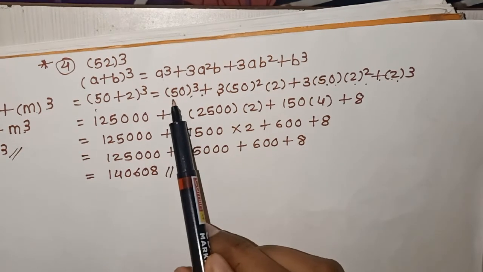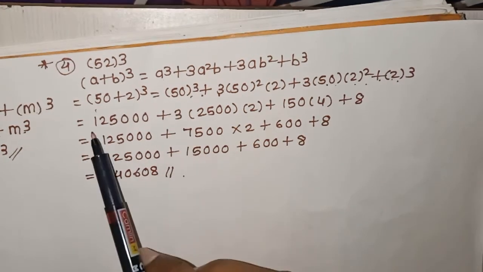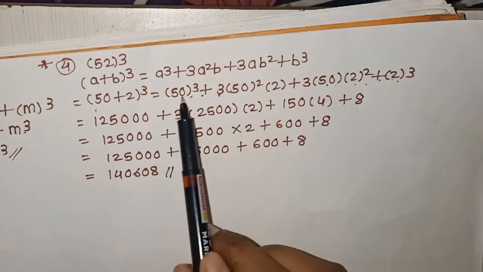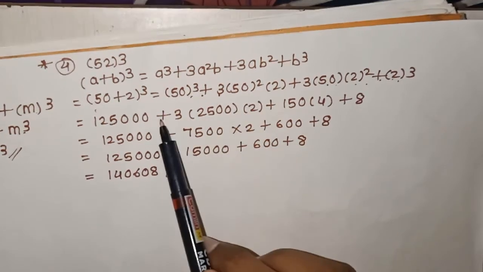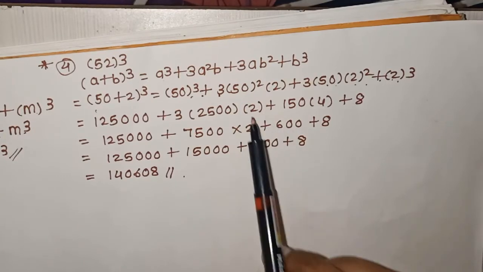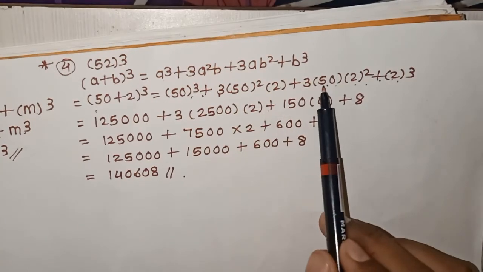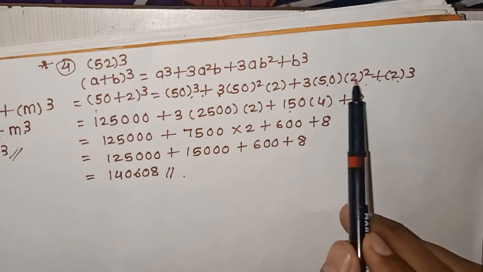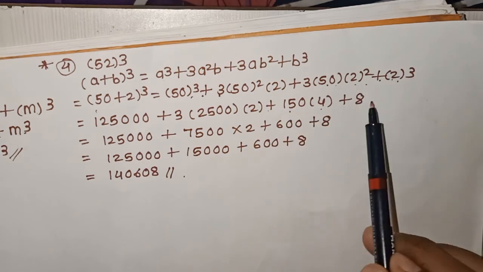Okay. Now we know 50 cube is 125000, and write down plus 3, 50 square is 2500 into 2, plus 3 into 50 we get 150, 2 square is 4, and 2 cube is 8.